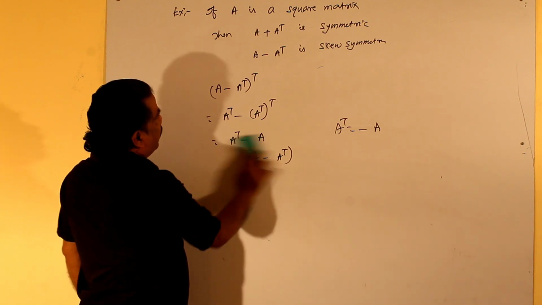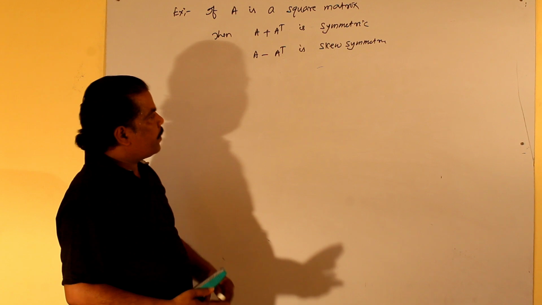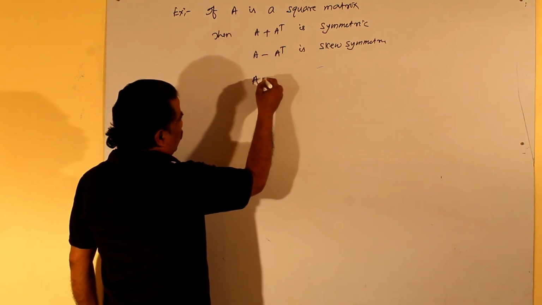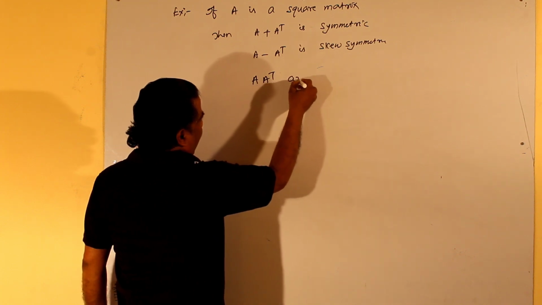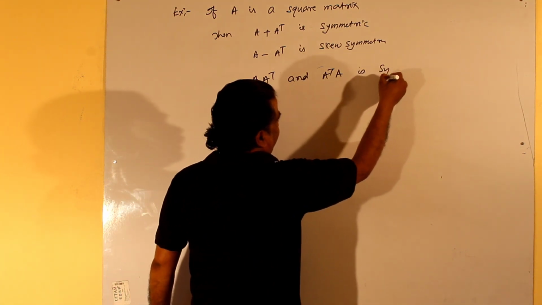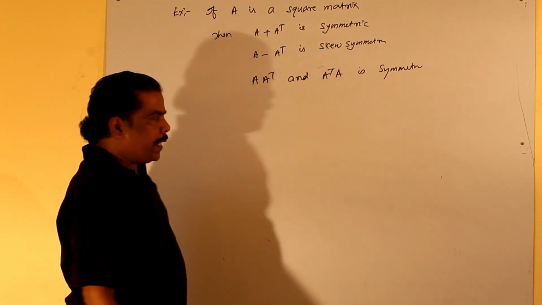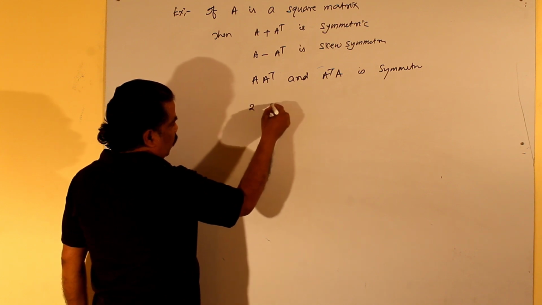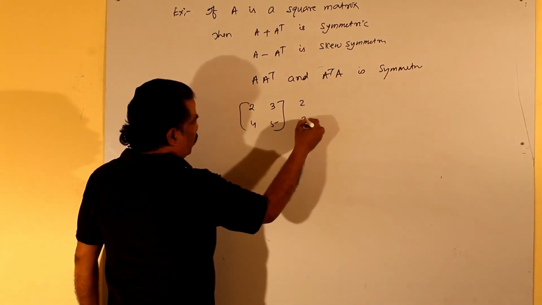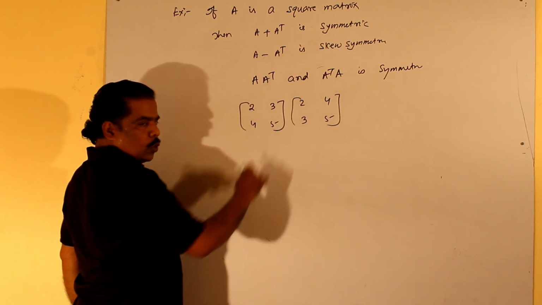Now we prove that if it is a square matrix, A plus A transpose is symmetric, A minus A transpose is skew symmetric, and A into A transpose and A transpose into A are symmetric. If we take an example, A is equal to 2, 3, 4, 5, A transpose is equal to 2, 4, 3, 5. Rows are written as columns and columns are written as rows.